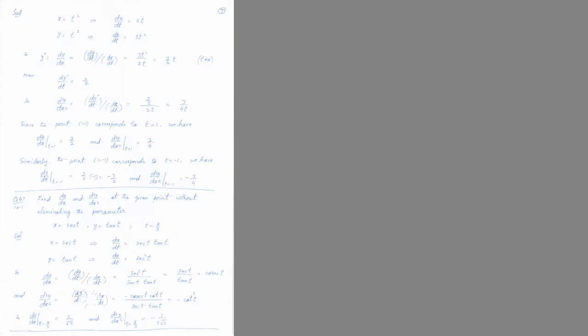I will explain here. See the given conditions: x is equal to secant of t and y is equal to tangent of t, and the point given is t equal to pi by 3.